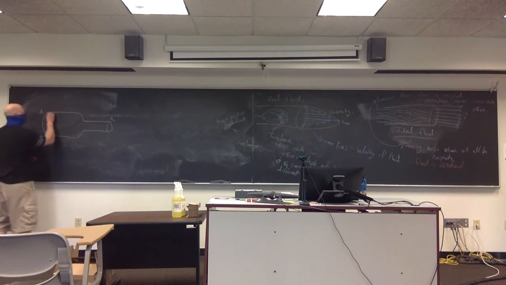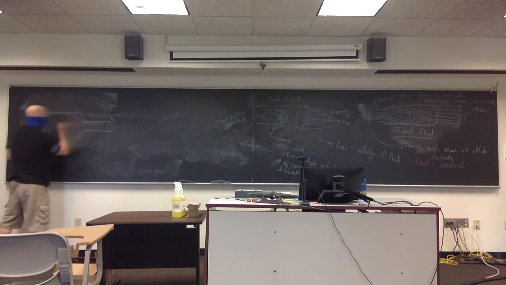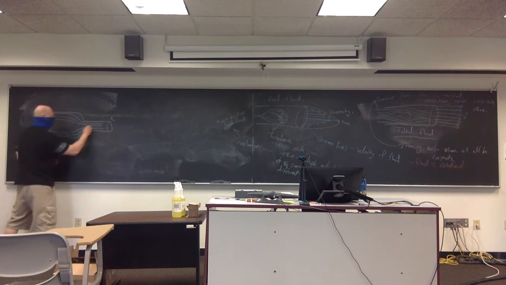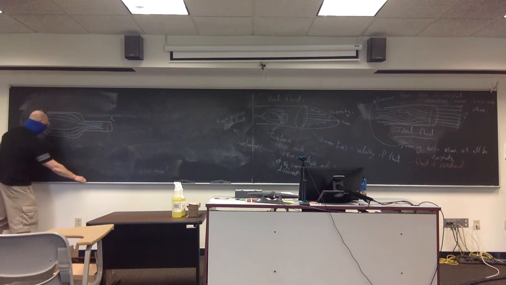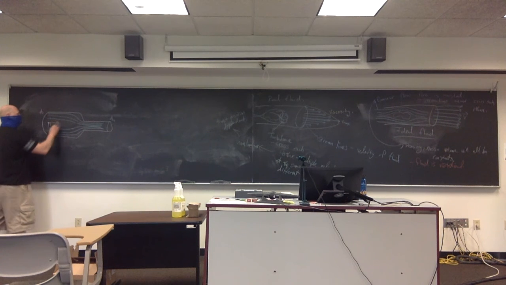If I'm looking at my streamlines, my system will do something like this. These guys are going to get funneled down into here, and these guys will also be funneled down into here. So these would be my streamlines. If I look at one particular point, which I'll call point 1, my streamlines have a particular velocity, let's call that v1.